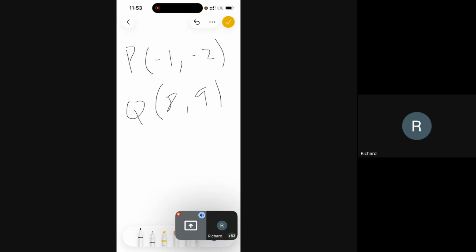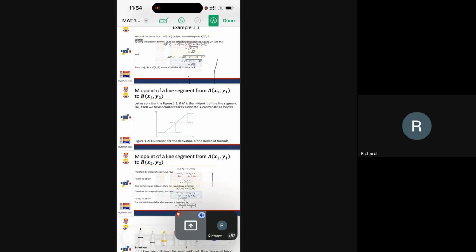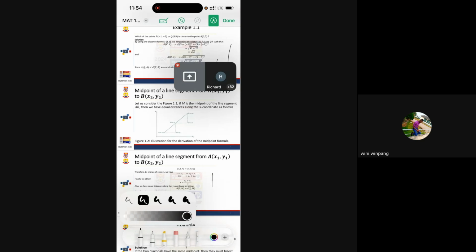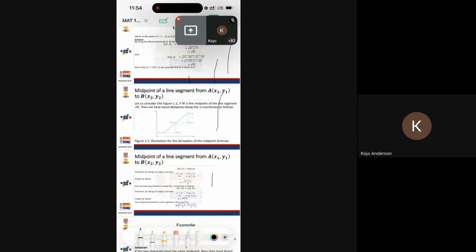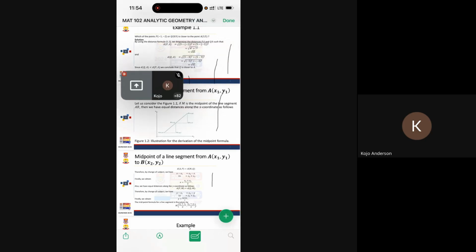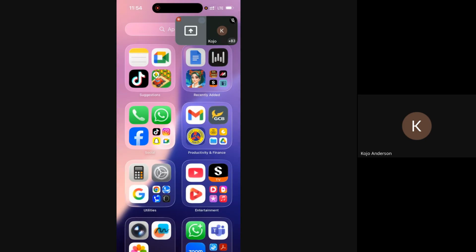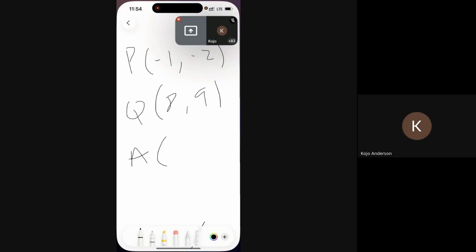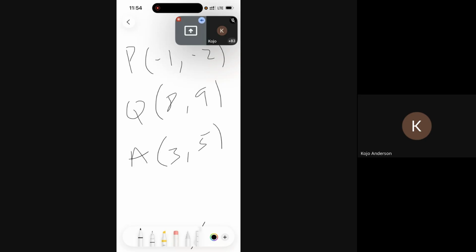And then we have the point A. What is the coordinate for A? A is 3, 5. Okay, so A is 3, 5.